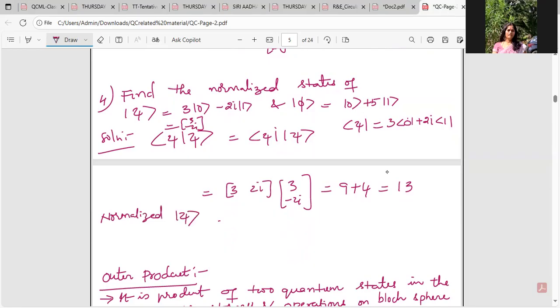Normalized ket xi would be something like ket xi by norm of ket xi. Okay, I'm writing this notation only. Of course, I can write as well like this: ket xi by norm of ket xi is nothing but under root of inner product of ket xi. Okay, so what should I be writing?